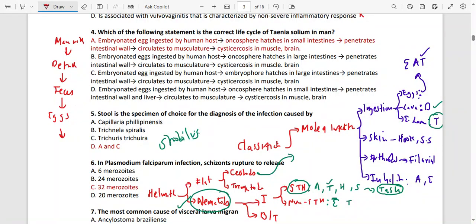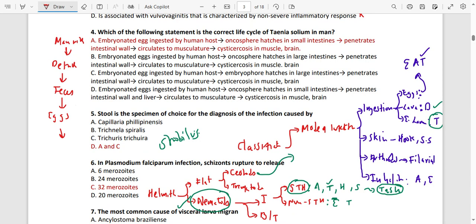eggs. So those eggs are now going to be able to grow, and they'll go basically in the large intestines first. And from the large intestines they are going to move and go to the blood, and then from the blood they can go to any part of the body.